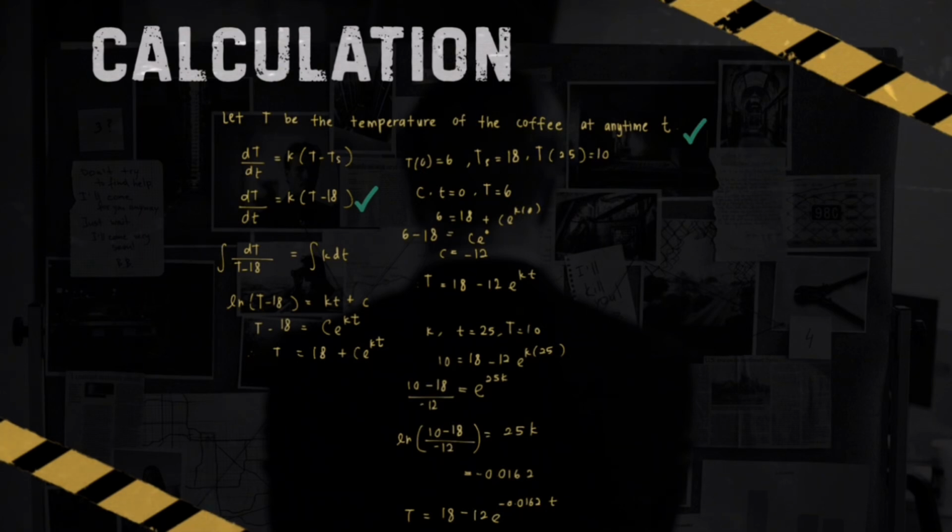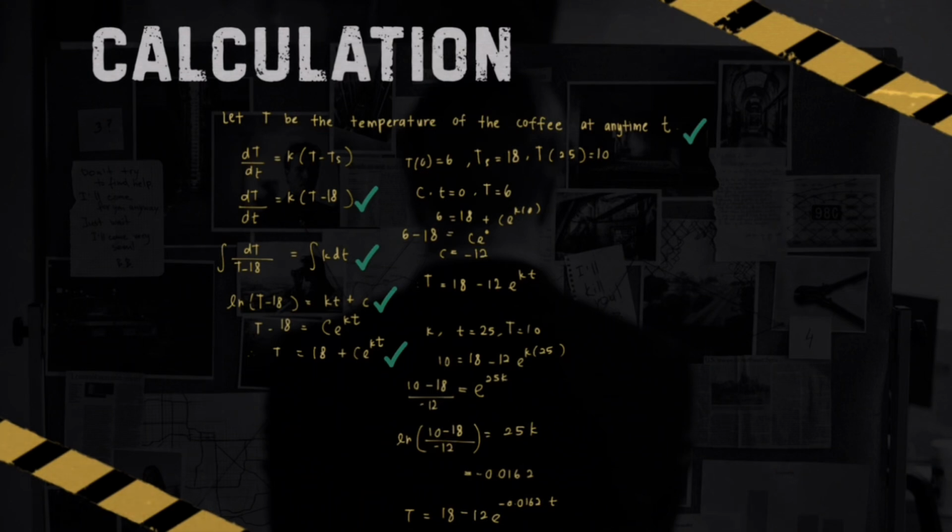Separating the variables and integrating both sides gives us the natural log equation ln|T minus 18| equal to kt plus C. By rewriting this in exponential form, we get our general equation T equal to 18 plus C e power of kt.